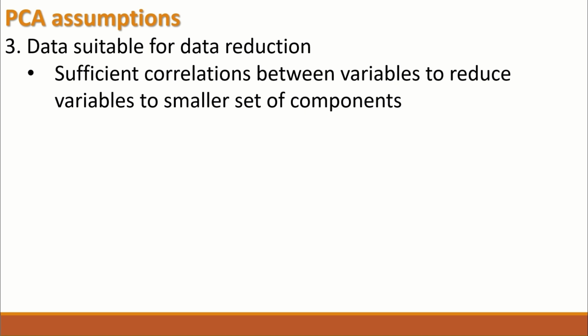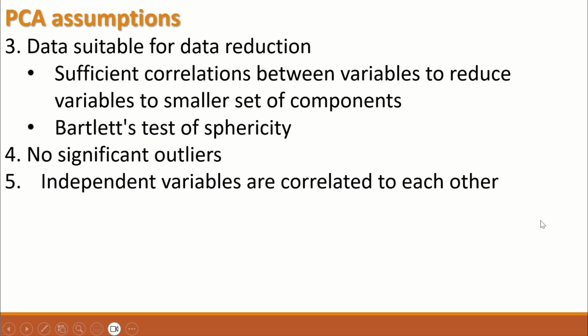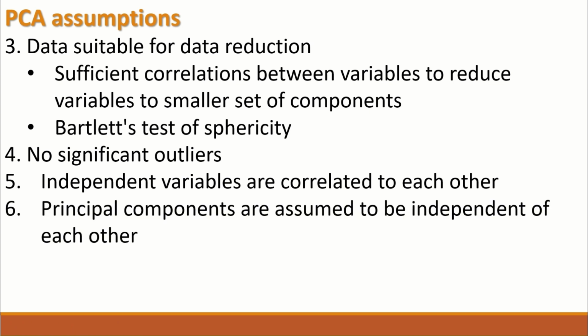Though there should be a correlation between items, that correlation has to be within certain values, from 0.3 to 0.8. The Bartlett test of sphericity can be performed to test this assumption. The fourth assumption is that there are no significant outliers, and the fifth assumption is that independent variables are correlated to each other.